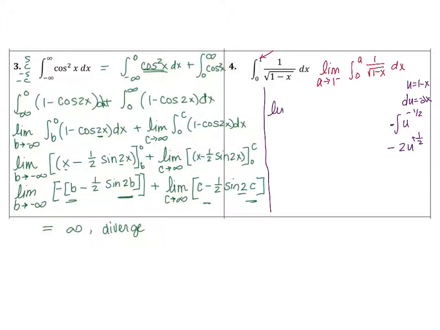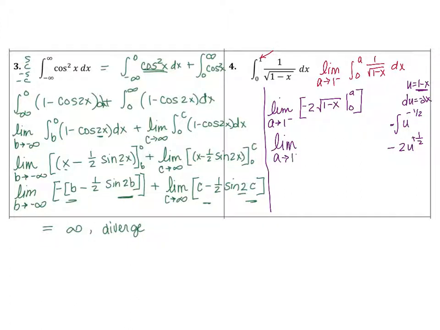You're going to have the limit as a approaches 1 from the left of, and if I integrate all of that, then I'm going to get negative 2 times the square root of u, but we saw that the square root of u is going to be the square root of 1 minus x, and that's going to be evaluated from 0 to a.